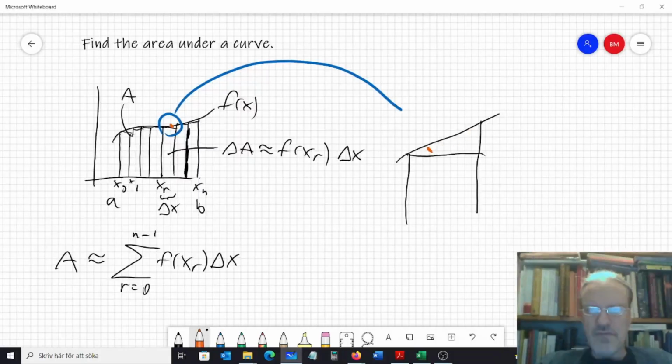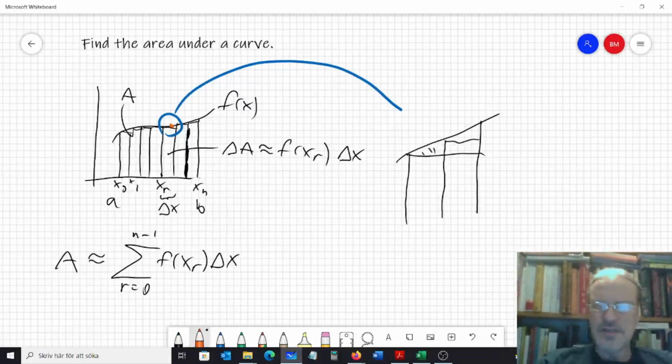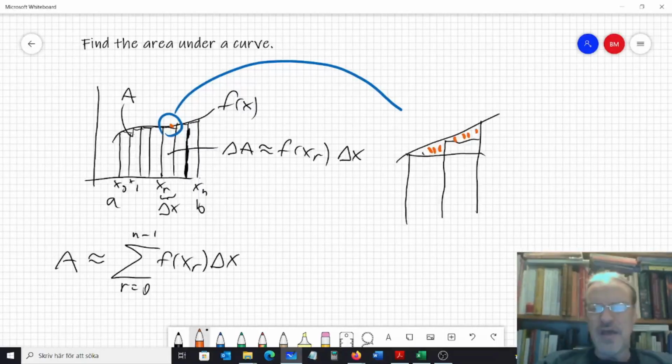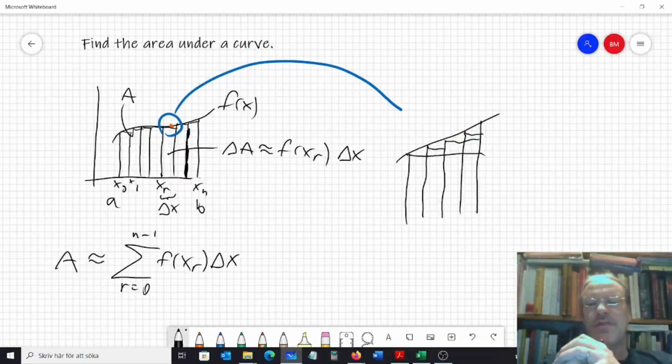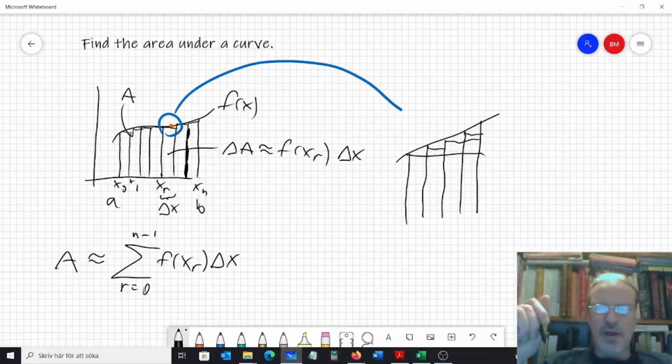But if I split this in, say, 2 parts, then the error is just this. So the error has decreased. If we split this in even more parts, then the error will be even smaller, and it will approach 0 as we continue.